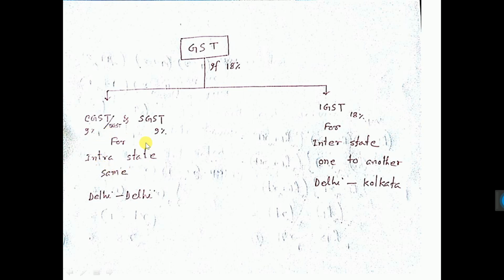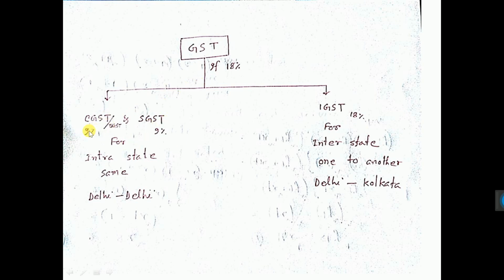And for intrastate, that is the same state, we will apply CGST and SGST. Now let's say GST is 18%. If I calculate IGST, then IGST will be 18% only. But if I calculate CGST and SGST, you have to divide 18% by 2, that is 9% and 9%.